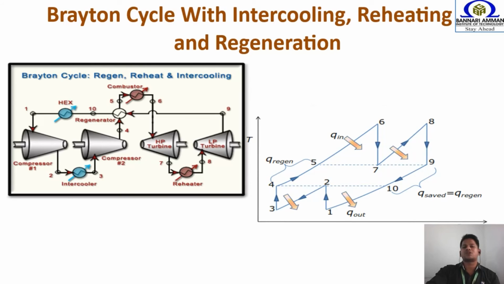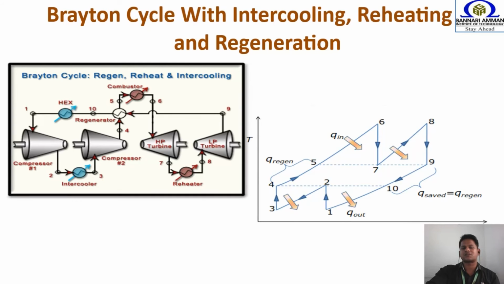In between these two isentropic compression processes, we have intercooling. This intercooler is just reducing the temperature of your air. One more important point about intercooling is that before compression the temperature is T1, about 30 degrees Celsius, because the air is sucked from the atmosphere.